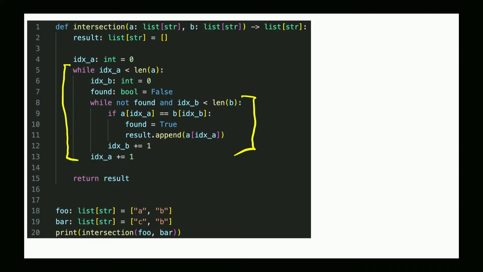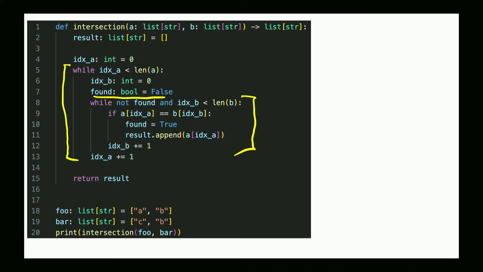And we're using a little trick here. Notice we're setting up an extra variable, saying if we've found the current item that we're looking for, for example, string B occurs in both.